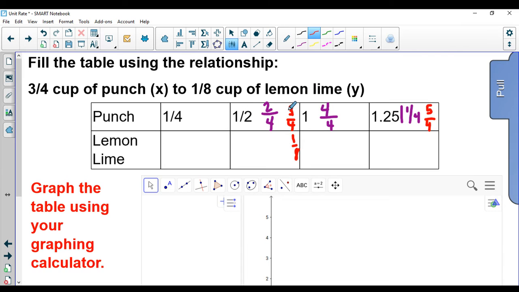So let's start with 1/4. If I look at just my numerators, so 3 and 1, I know that 3 divided by 3 is going to give me 1. So I'm going to divide this by 3, which means I divide this by 3.